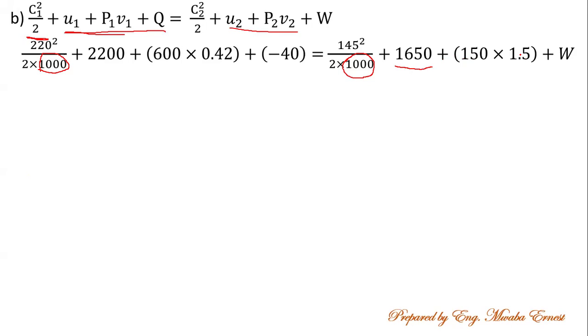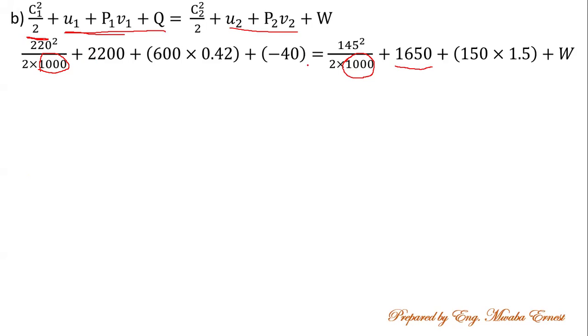And we're looking for work, so we will not calculate that work. We'll just leave the W like that because that's the one we need to find at the end of the day. So once again, I emphasize, the 1000 you're seeing here is basically for converting the unit to make sure that it aligns with everything here.